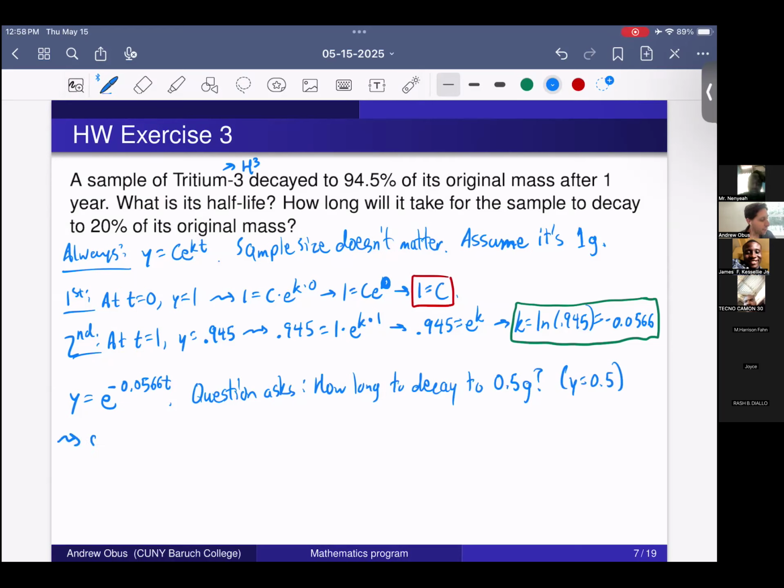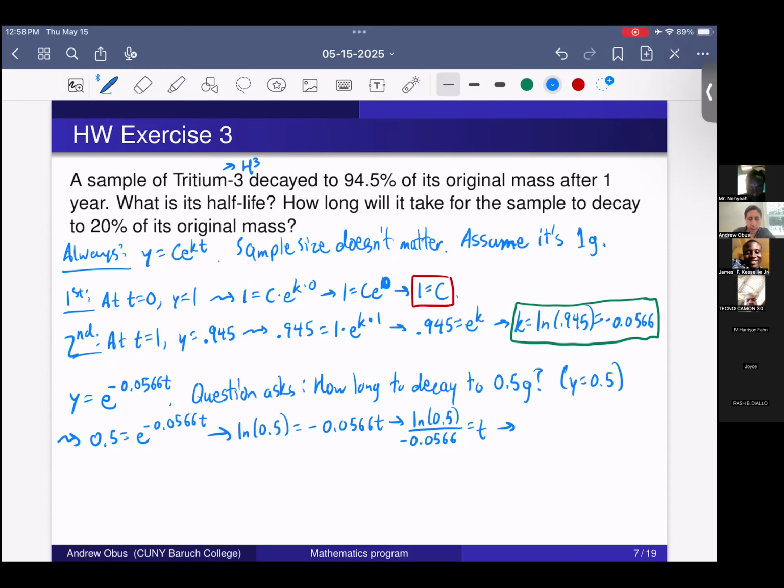So what do we get? We have that 0.5 equals e to the minus 0.0566 t. Take the natural logarithm of both sides. You get ln of 0.5 equals negative 0.0566 t. And so ln of 0.5 divided by negative 0.0566 is equal to t.